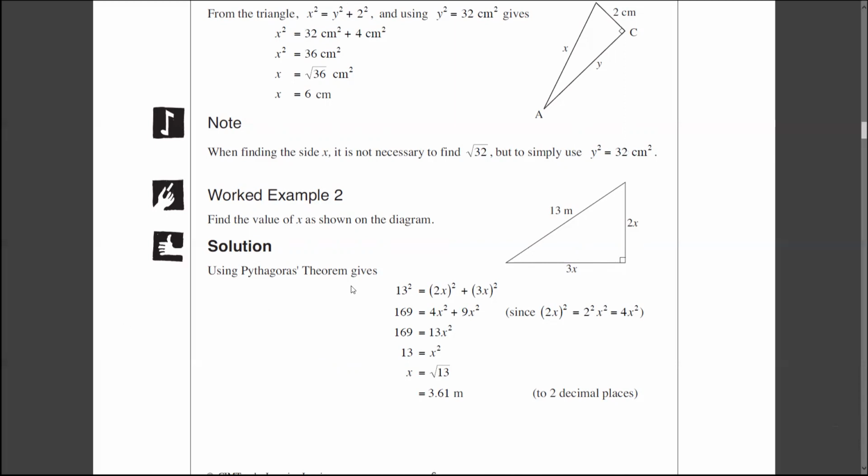So just as before, when I use the formula, the longer side squared is equal to the sum of the squares of the shorter sides, right? So you go and you work it out, boom, boom. So 2x squared plus 3x squared, you get 4x squared plus 9x squared. And you come down here until eventually you're able to isolate the x squared, and then you take the square root and you get 3.61 to 2 decimal places.